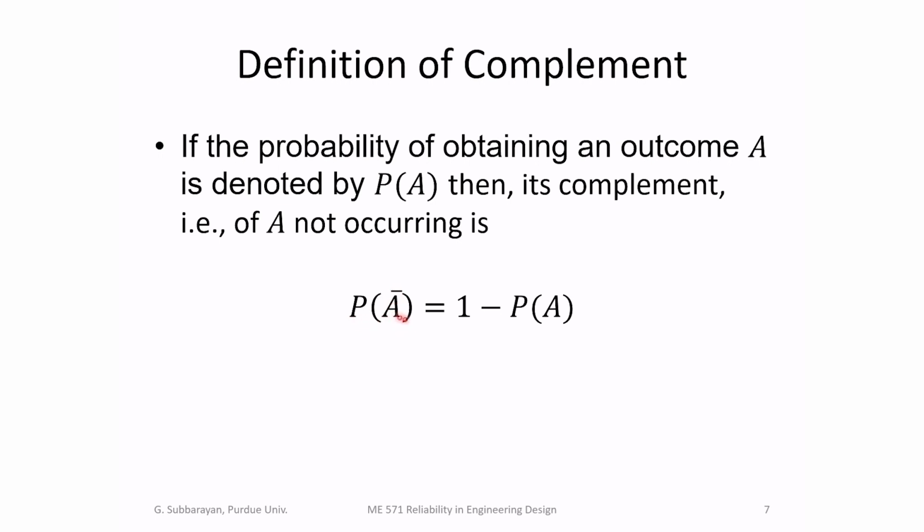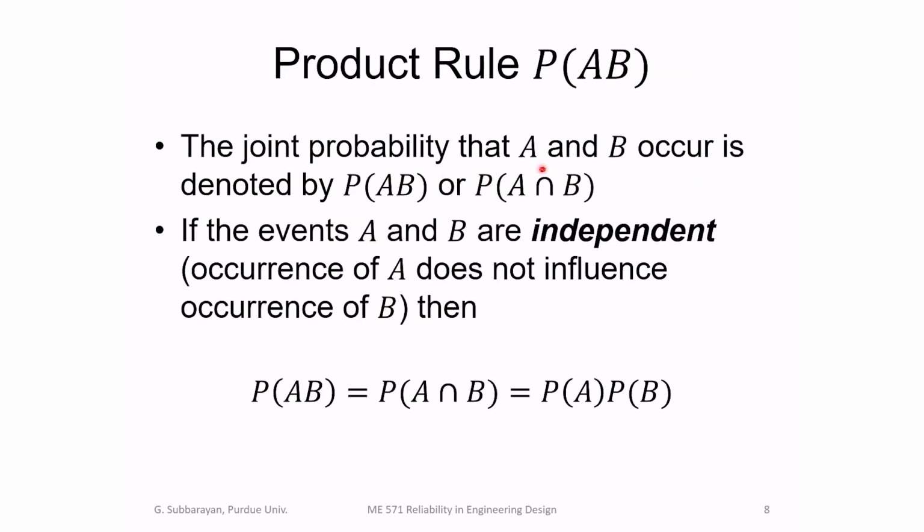The probability of A complement is 1 minus probability of A. That's the definition of complement. Now we are going to define this product, A and B. The joint probability that A and B occur is denoted, as we said before, by probability of AB or A intersection B. We will use this more.